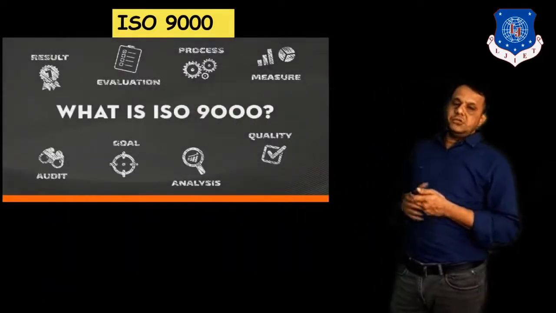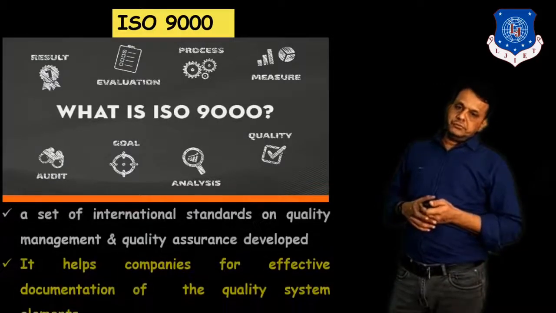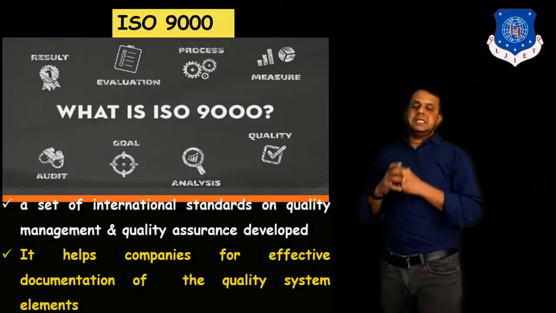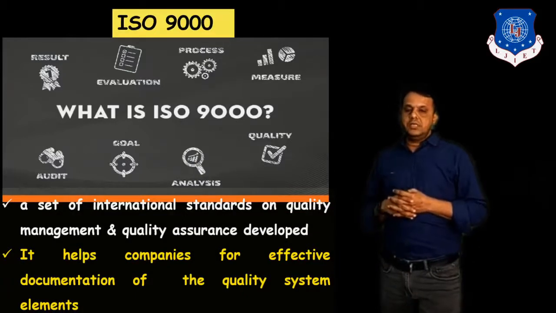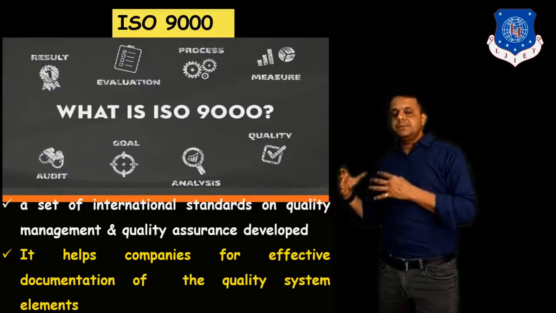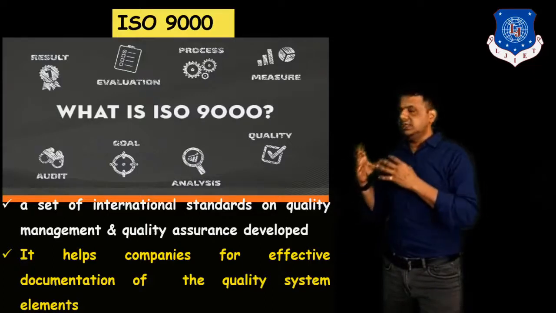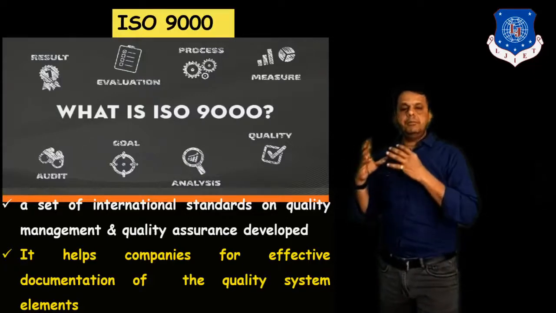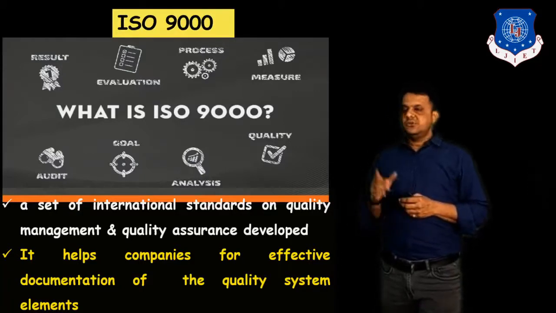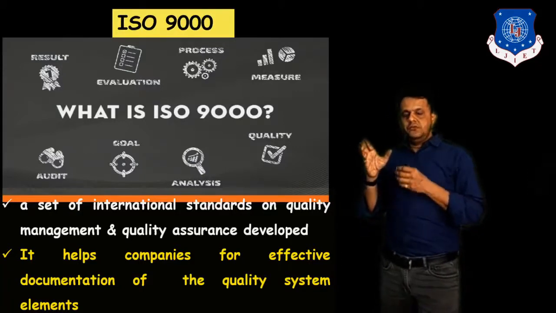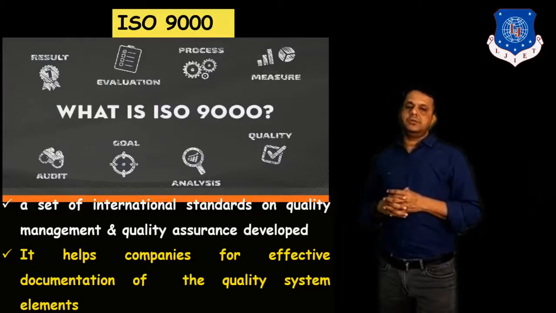So what is ISO 9000? ISO 9000 is a set of international standards for quality management and quality assurance developed in the organization. It helps companies with effective documentation of their quality system elements.